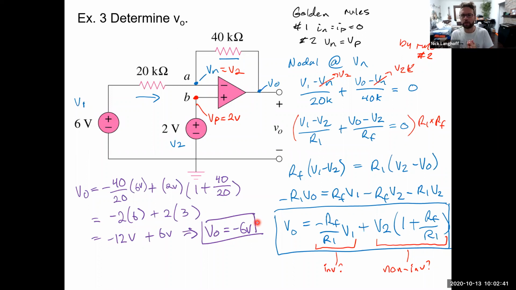The inputs draw zero current, and the amplifier will do whatever it has to force the input voltages Vn and Vp equal to one another. Okay, so we solved the circuit using that technique.